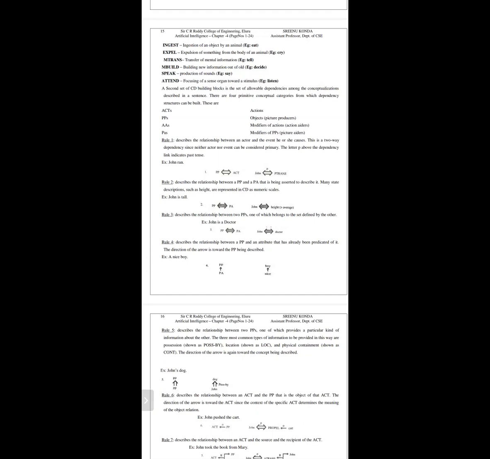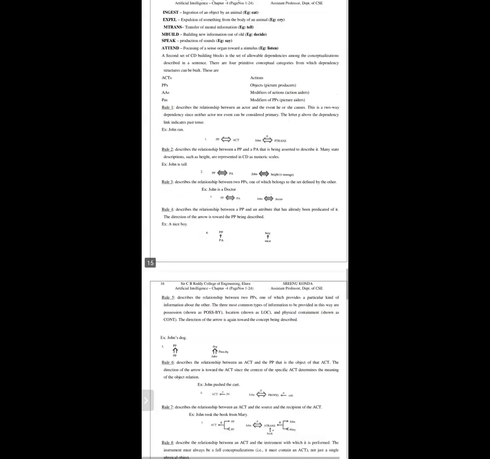I can write it as PP double arrow triple line PA. Here the PP is John and the PA is the height. Tall means height greater than average, so I represent John is tall as height, greater than average.